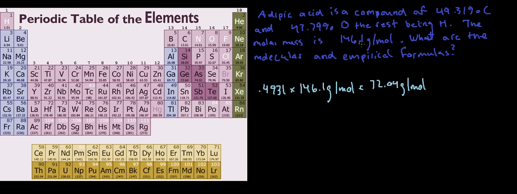So for every 1 mole of this acid, 72.04 grams per mole of it is carbon.